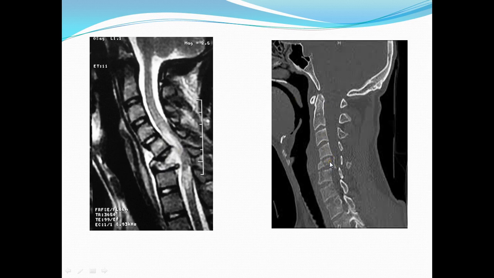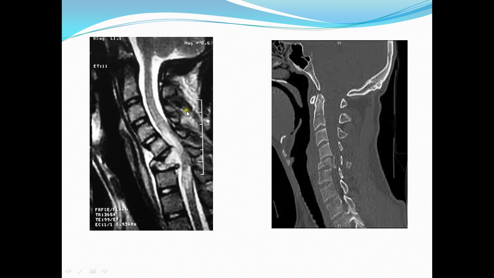CT scan tells us about the vertebral body like this, and this long one is C2, C3, 4, 5. So CT scan tells us about the bony anatomy, while spinal cord anatomy is seen best by the MRI. So we should go for CT scan and MRI both in case of spinal injuries.